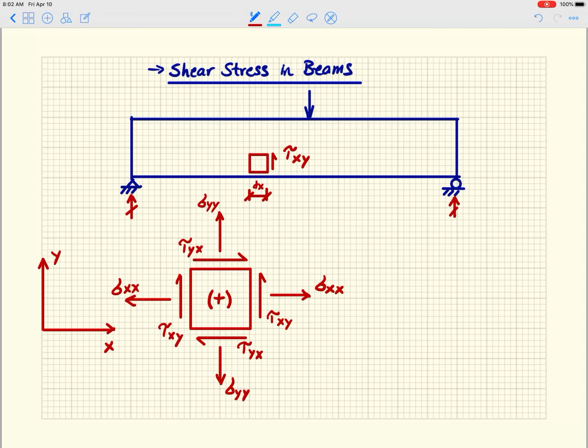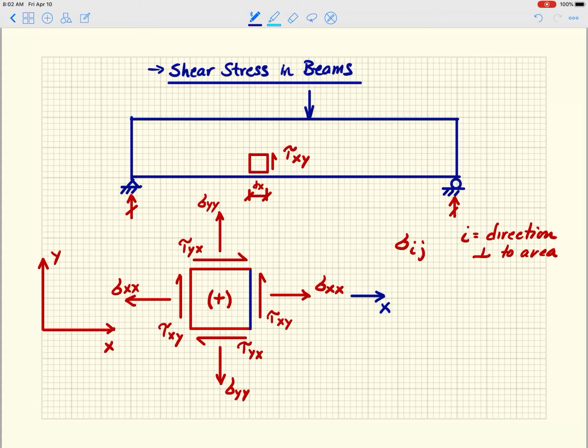And let me explain it a little bit here. So I'm going to have sigma ij, right, where i is the direction perpendicular to the area. Let me explain that a little bit. If I look at this face here, I'm going to call that an X face because the perpendicular direction is in the X direction, right?